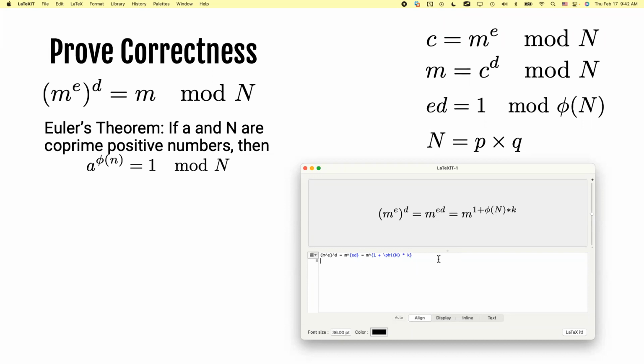Now let's look at this. We can again write it as m times m to the phi of n times k.